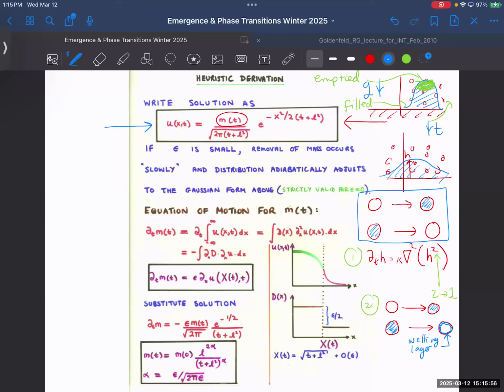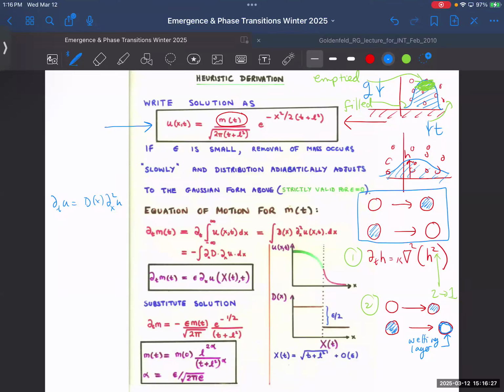So the M of t is the integral of u from minus infinity to plus infinity. It's the mass of the distribution. So the time derivative of M of t is the integral of du by dt, and in the equation of motion, I'm going to write the Barenblatt equation as du by dt as some diffusion coefficient times u, and the diffusion coefficient has a spatial structure, so we're going to write it like this.